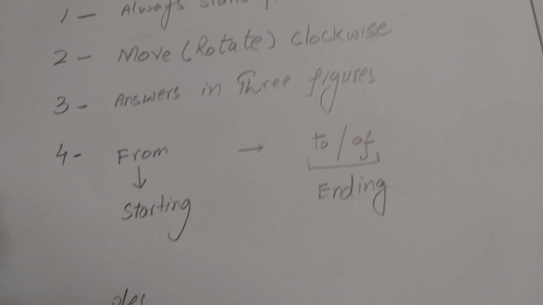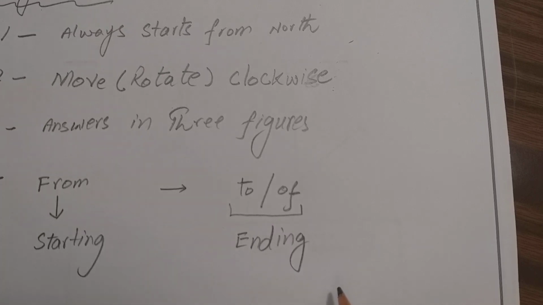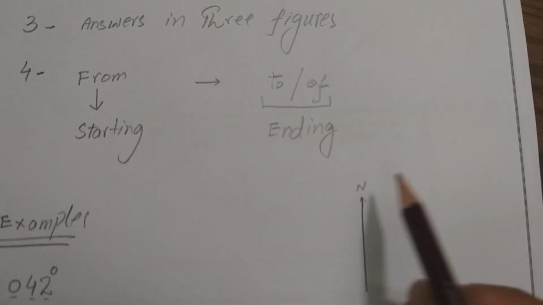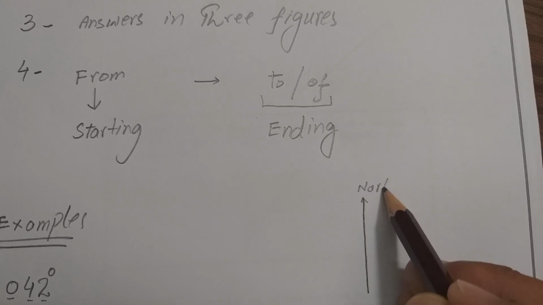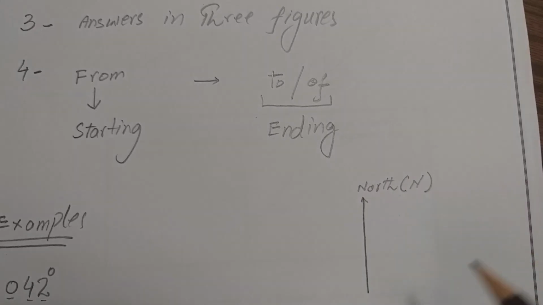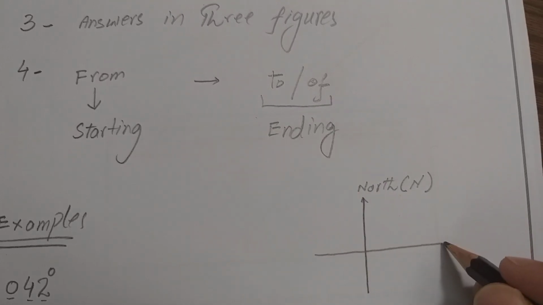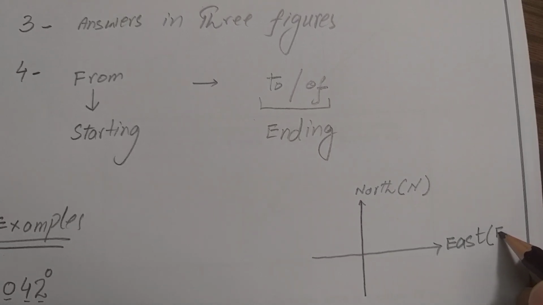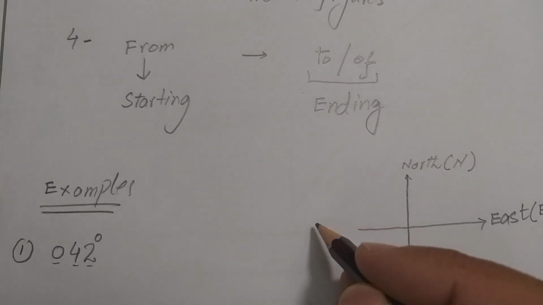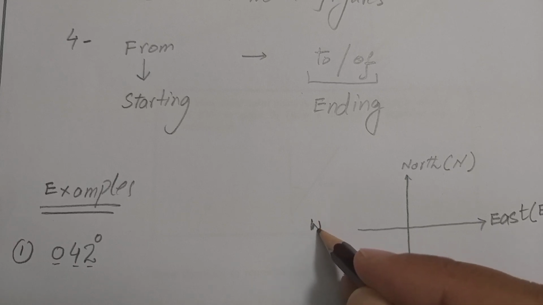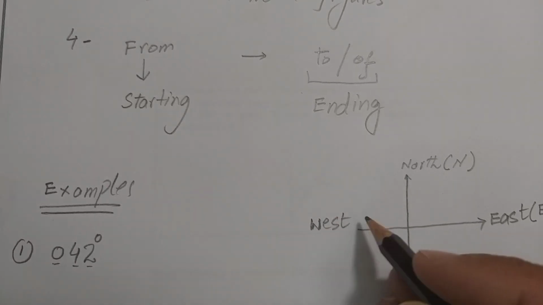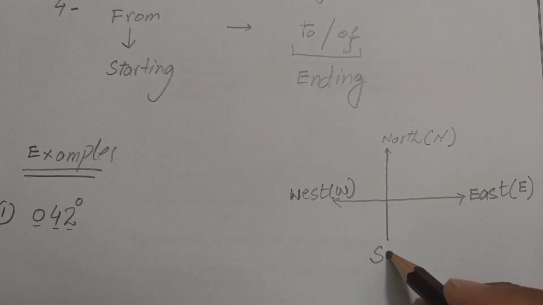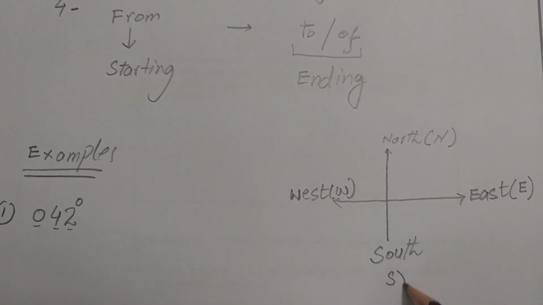So as we know, the compass: this is the north, normally represented by capital N. This is east, capital E. This is west, capital W, and this is south, capital S.